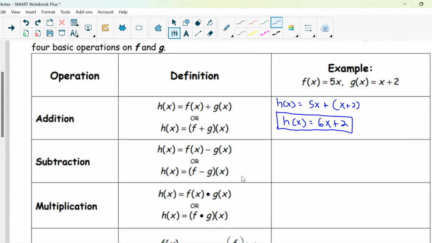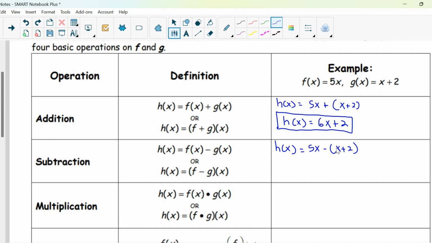Okay, subtraction, very similar process. So creating h of x, we are going to take f of x, which is 5x, minus g of x, which is x plus 2. So this is where your parentheses will come in handy, because essentially we are distributing a -1 to both of these terms in g of x.